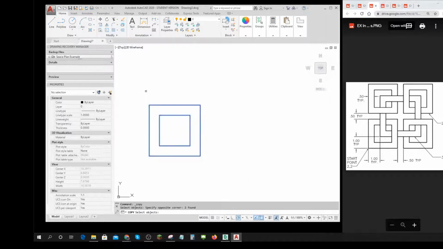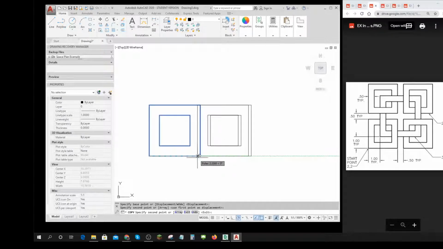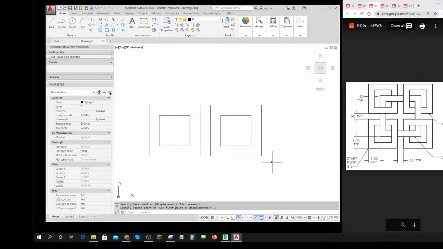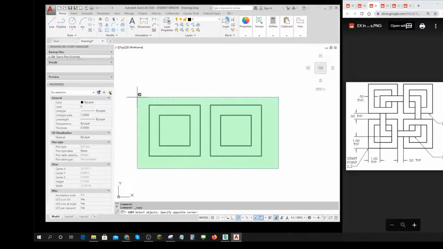Copy. And remember I said I'm going to put it right there so I don't have to add and subtract, because then I can move it 1/2 inch to the right, which was on my drawing. And then I can do that process again. I'm going to do it with both of those.